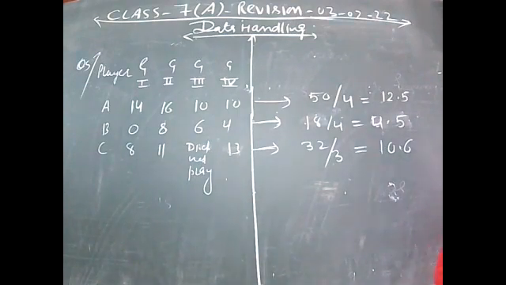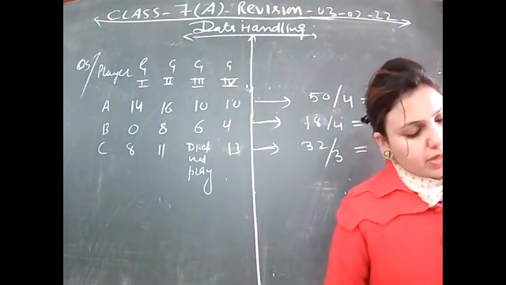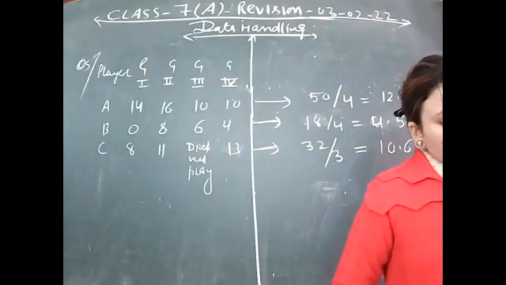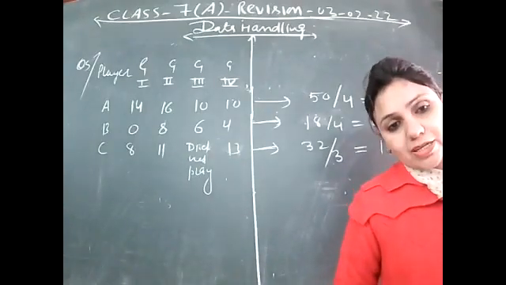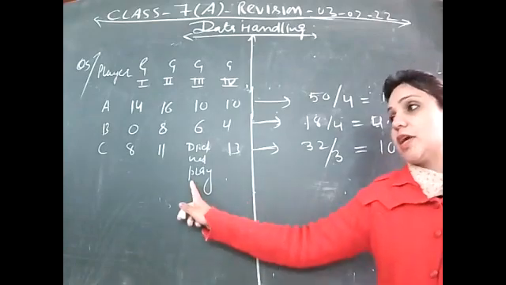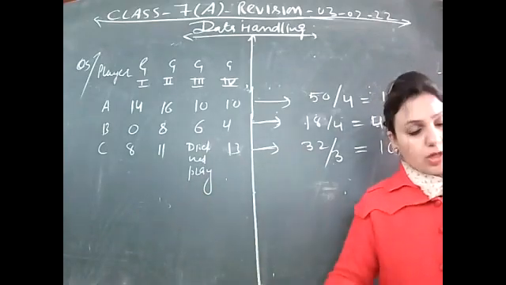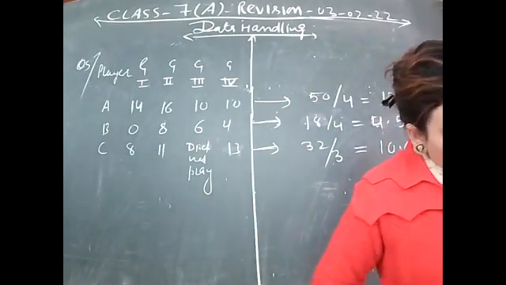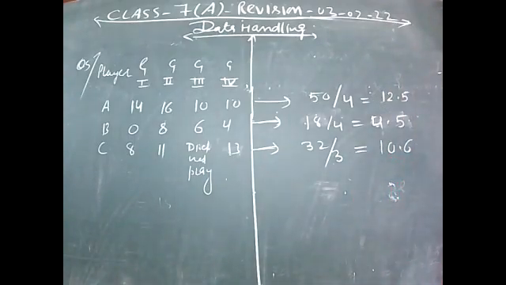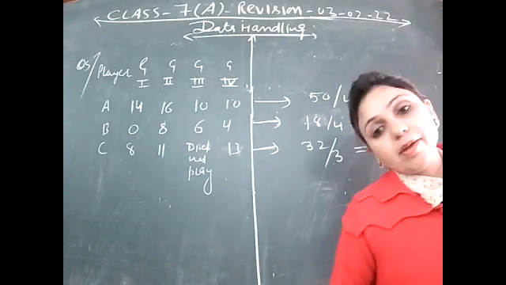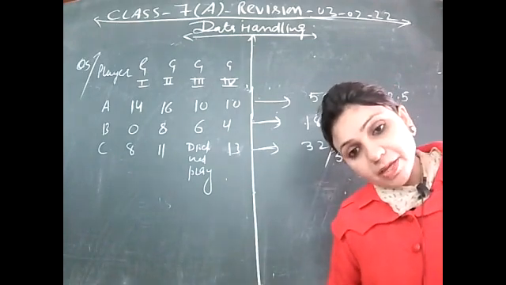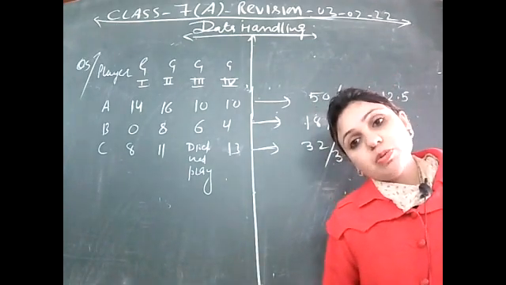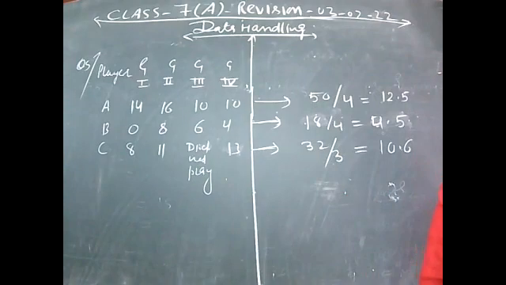He says to find the mean number of points per game for C, would you divide the total by 3 or 4? Naturally, as C is not playing one of the games, we will divide the total by 3. B played in all the 4 games. How would you find the mean? We will divide by 4 for B, because B is playing all the games. Who is the best performer?